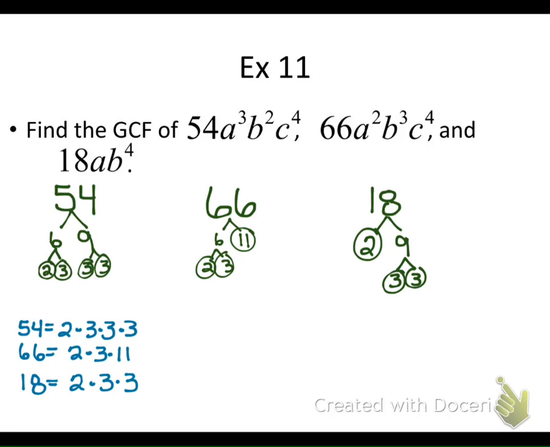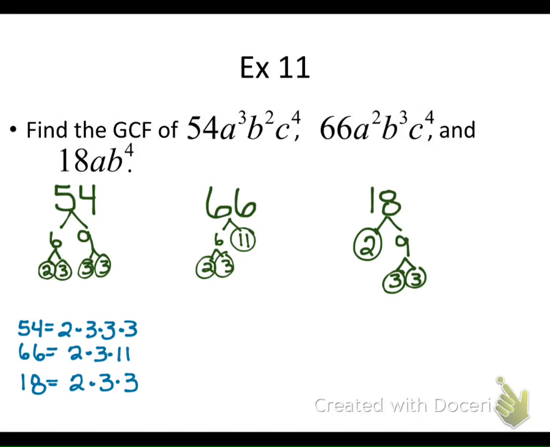From here, what do I do next? We find the greatest common factor by circling the common numbers. Not necessarily my greatest common factor yet; we're going to circle the common numbers to find it.